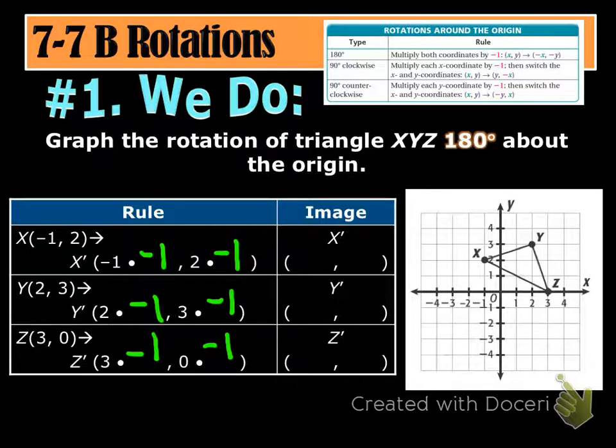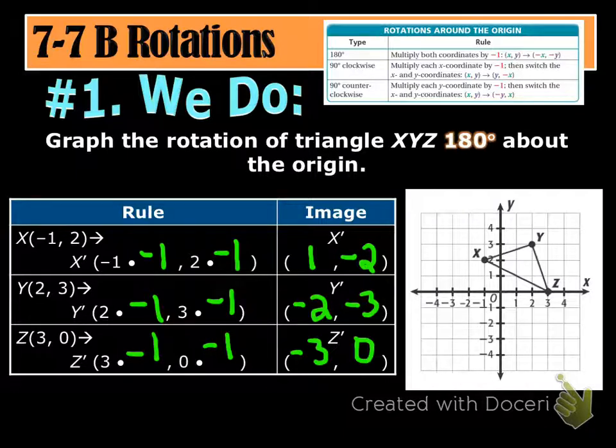So when we do that, instead of -1, we'll have +1, then -2, -2, -3, and -3, 0. So then you're just going to plot those points.